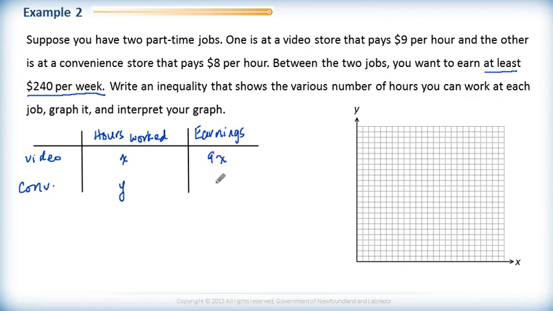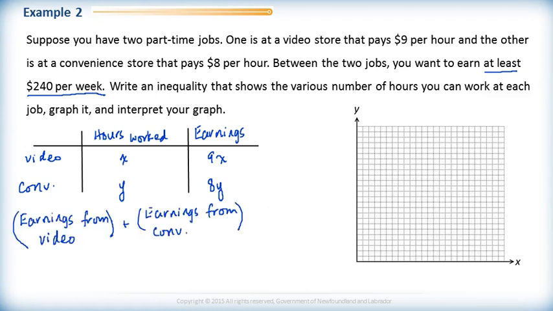And for the convenience store, the rate of pay is $8 times the number of hours, which is y. My earnings from the video store plus the earnings from the convenience store make up my total earnings from the two jobs combined. So that would be 9x plus 8y.